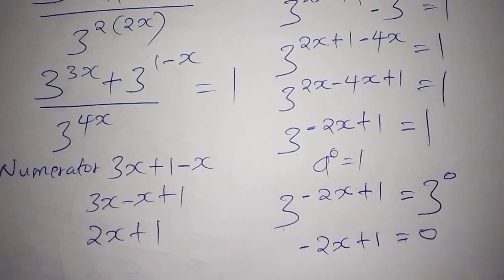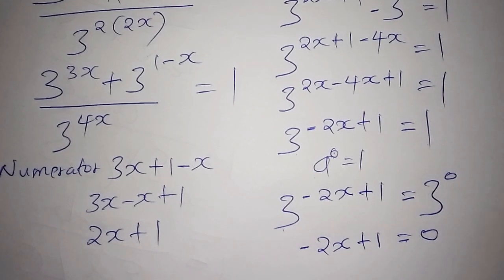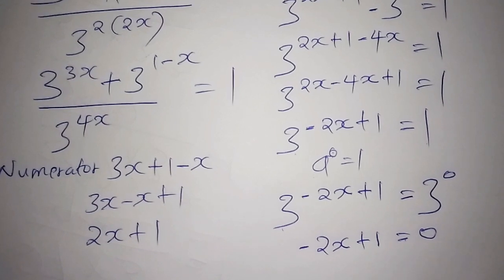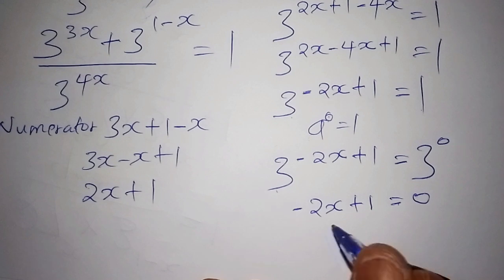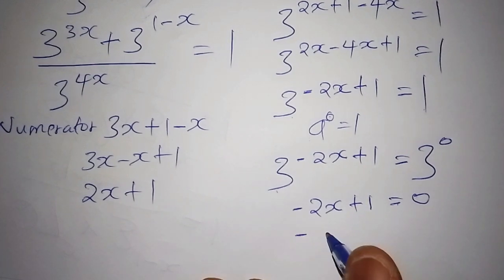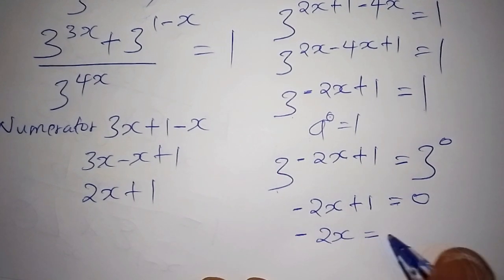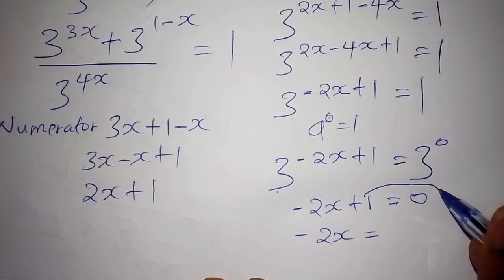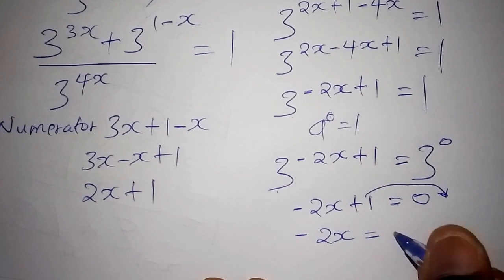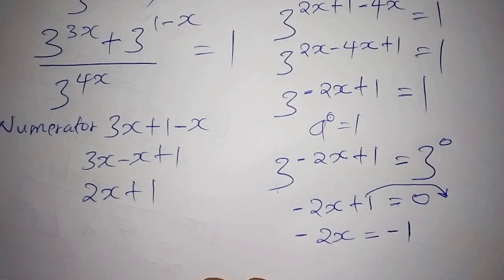Now, let's have the like terms together and the unlike terms on the other part. So when you reach this particular point, we shall have minus 2x, which is equals to, we shall carry this 1 to the other side, so that we shall have minus 1.